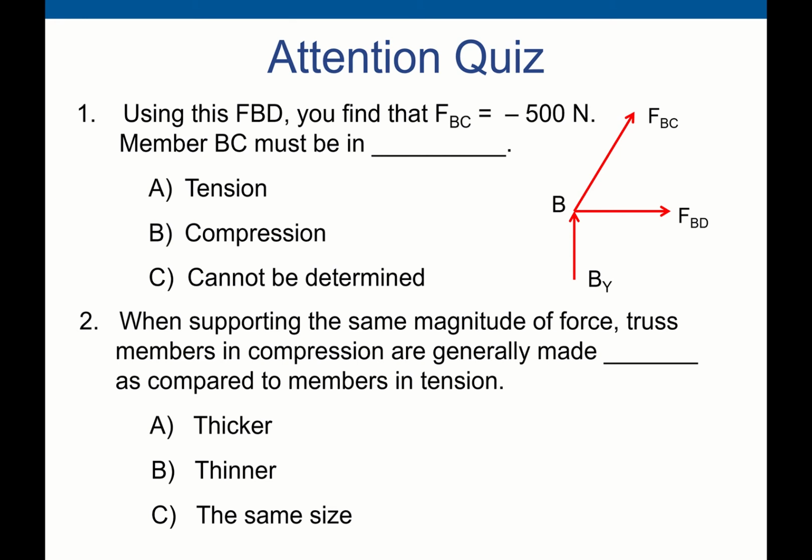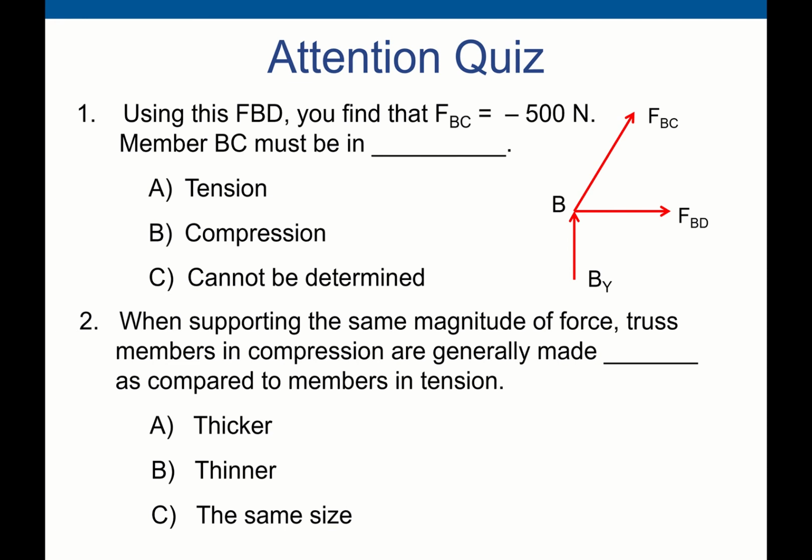Let me ask you 2 questions here. The first question is, using this free body diagram on the right hand side, you find that force BC is negative 500 Newton.